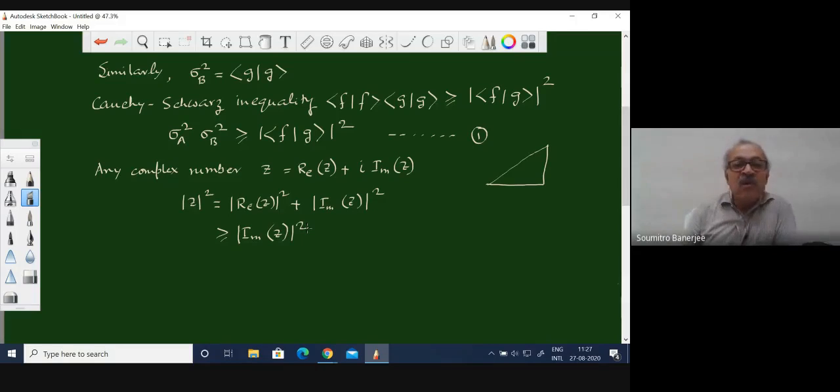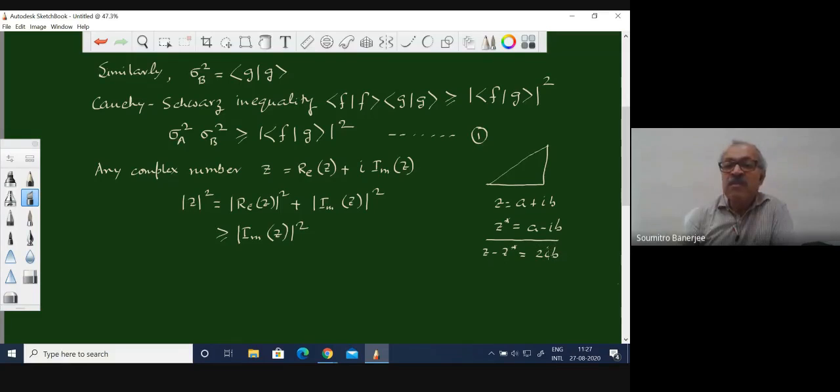Now, what is the imaginary part? Suppose our Z was A plus iB, then the conjugate Z star is A minus iB. So if I subtract, I can see that Z minus Z star is equal to twice iB.